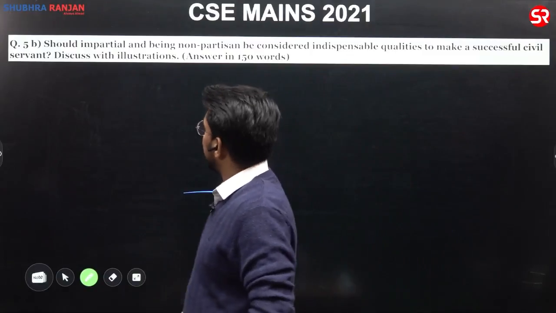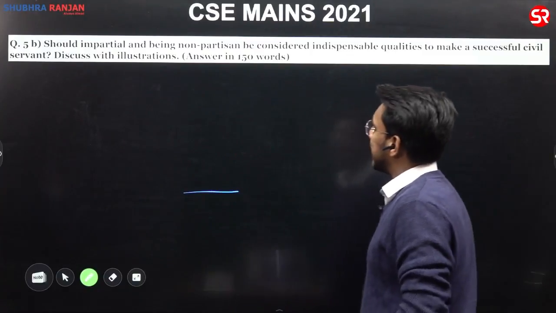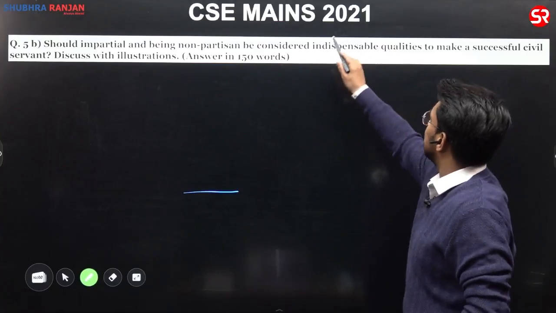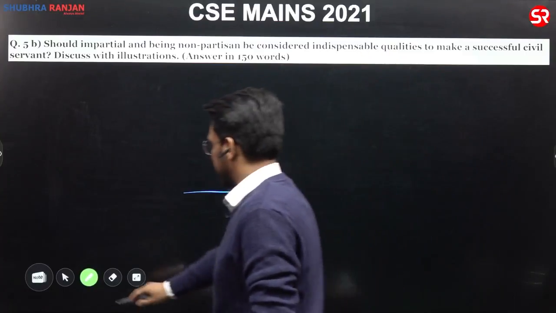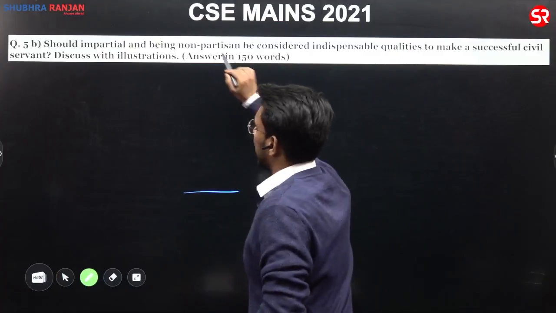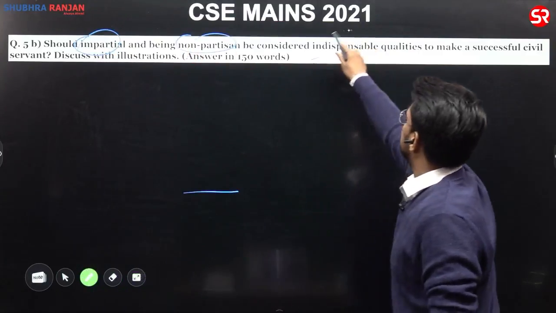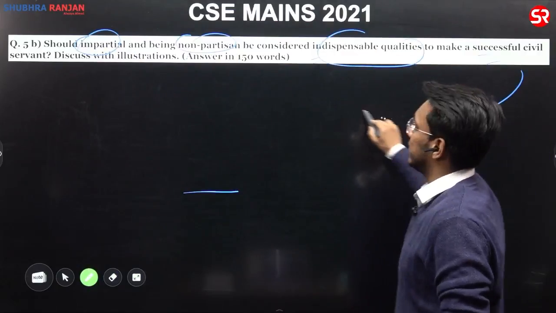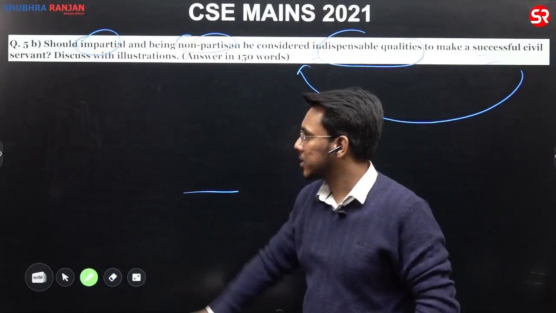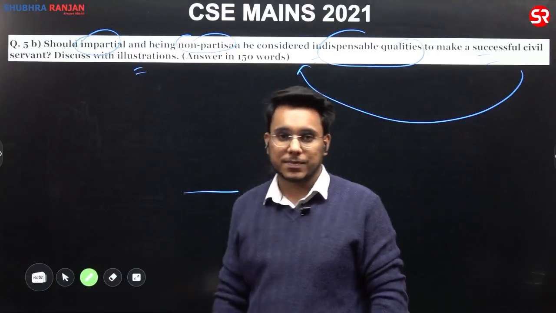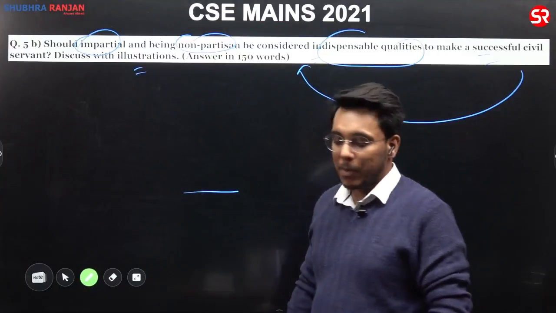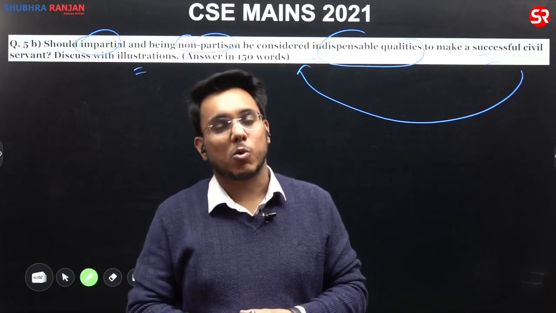Should impartiality and being non-partisan be considered indispensable qualities to make a successful civil servant? Okay, impartiality and non-partisanship, should they be indispensable qualities to make a successful civil servant? Yes, discuss with illustration. Yes, impartiality and non-partisanship need to be indispensable qualities.